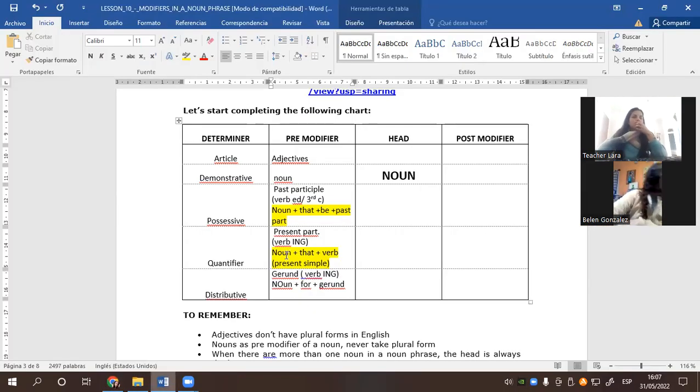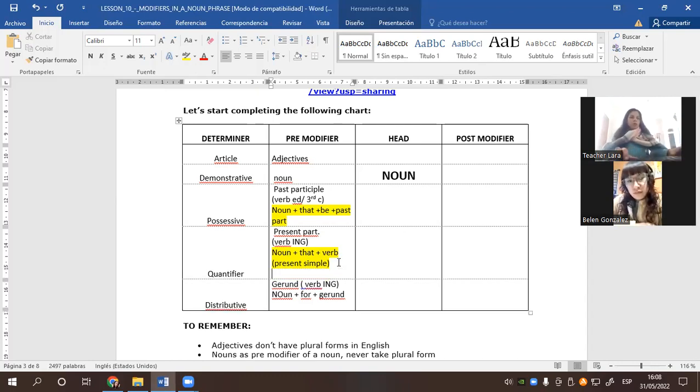So, let's apply the rule of the present participle. Let's see if it works. Heights that butter. Does that sound possible?